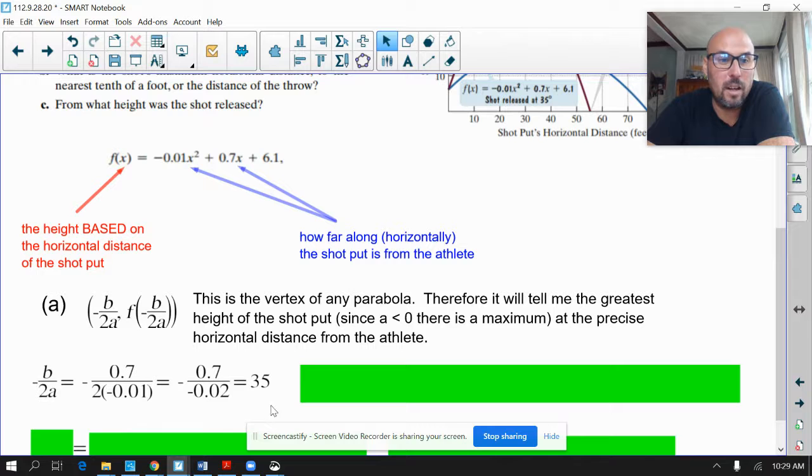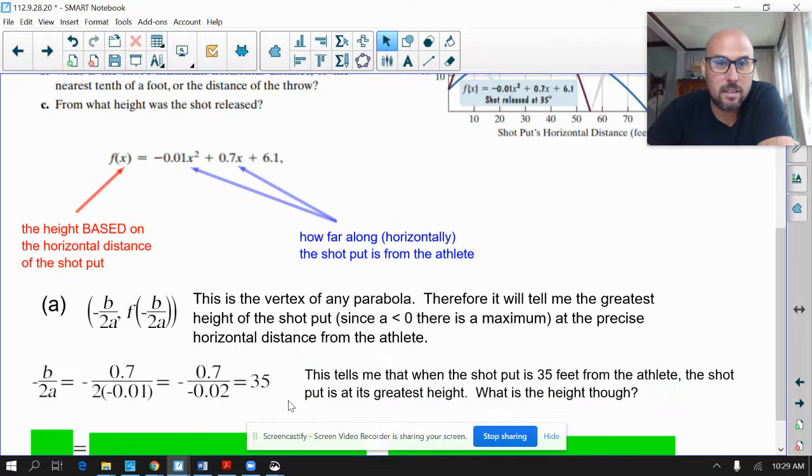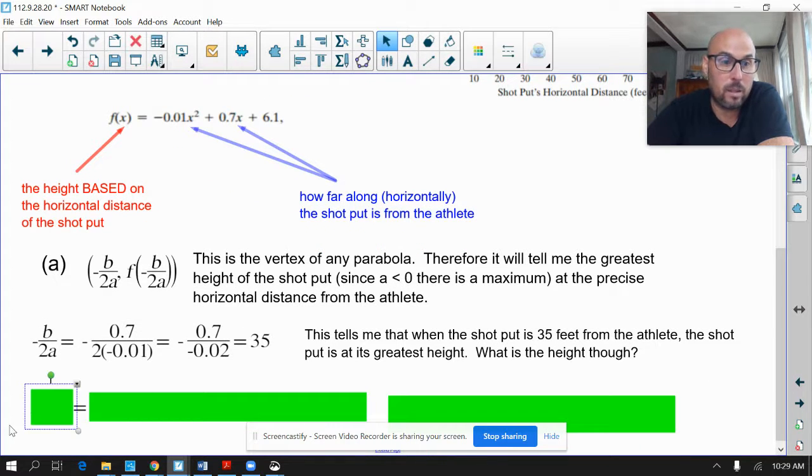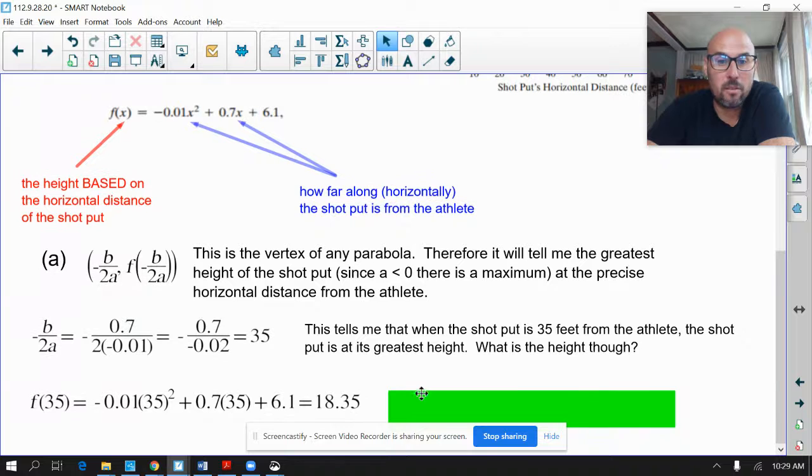I discover 35 is negative b over 2a. So that means that the height of the shot put occurs when the shot put is 35 feet away from the athlete. Remember, x is 35. The actual height, the maximum height, is the y value. So to find that, we plug in 35 into the function, and we get 18.35.